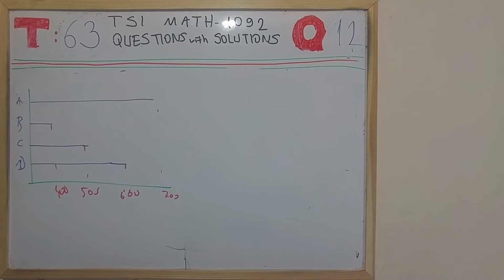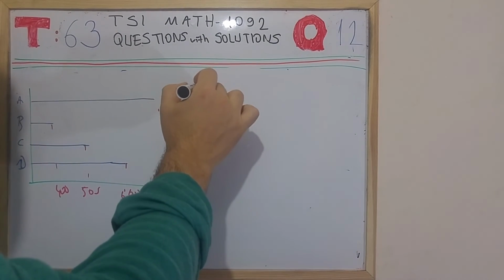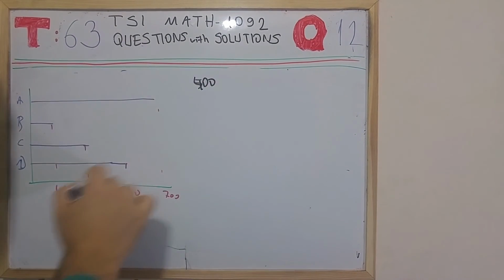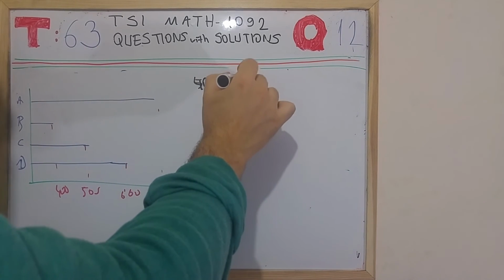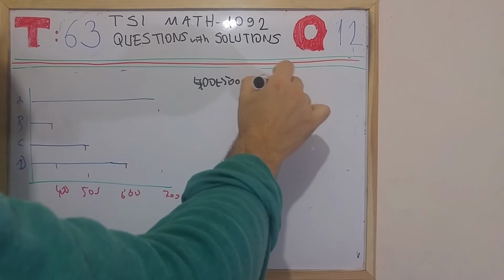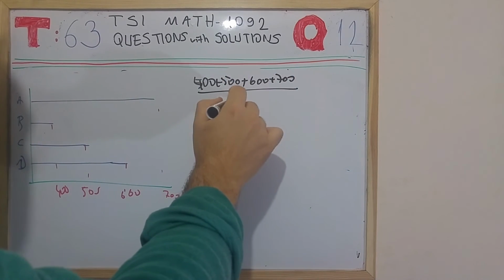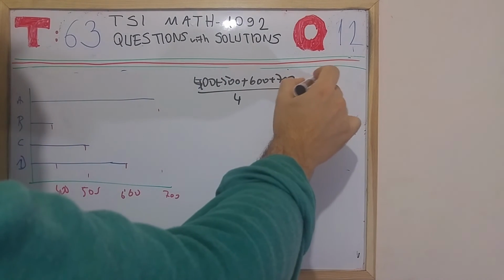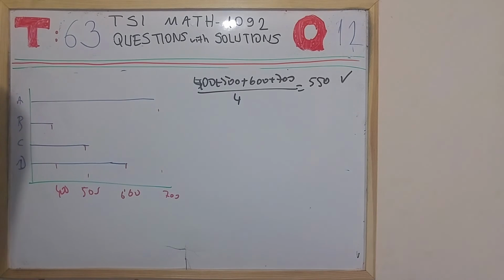We're looking for the wrong information. Let's check one by one. The average number of graduated students is 550. The average number is equal to 400 plus 500 plus 600 plus 700 divided by, there are 4 universities, and this is equal to 550. So choice A is correct.